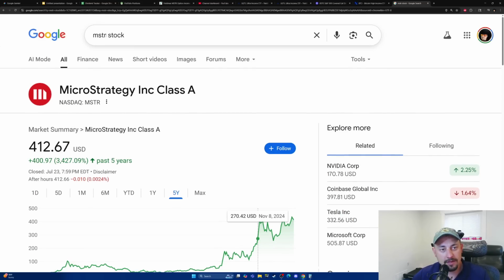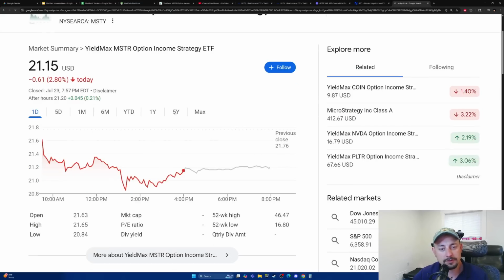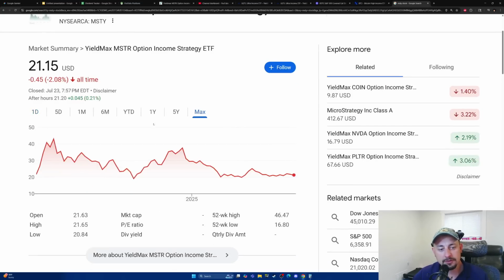If we look at MSTY, the YieldMax fund, this one has a much shorter history, folks. The fund started back February 23rd of '24, but look at this slow decline here. Now, it looks like it's moving sideways, so potentially we could see another uptick.